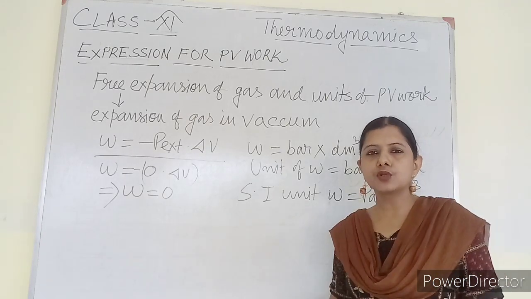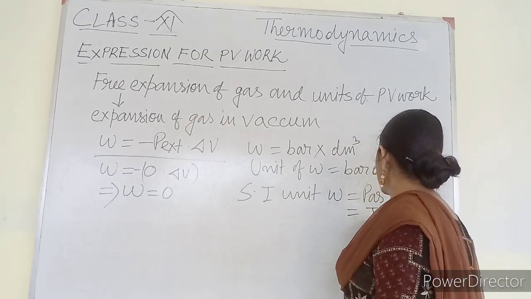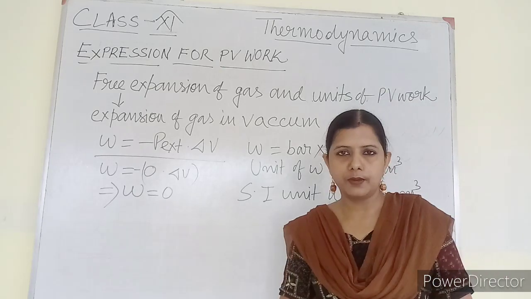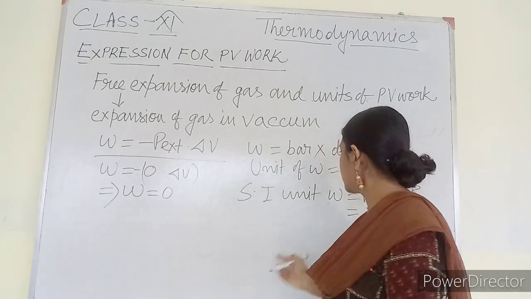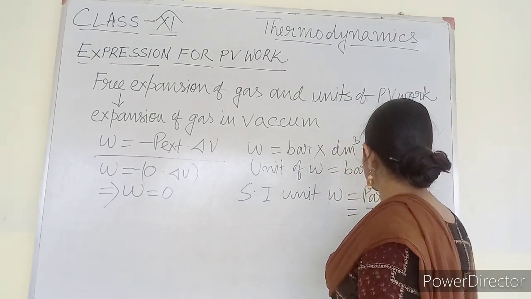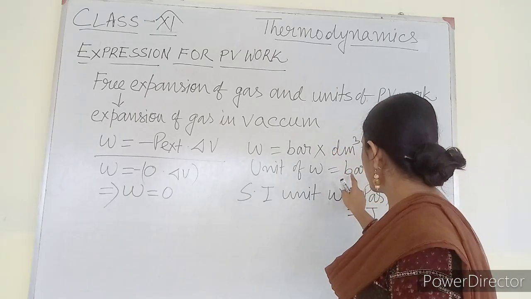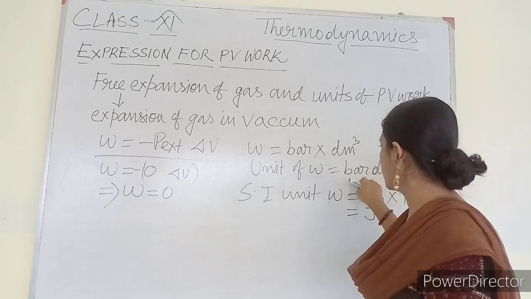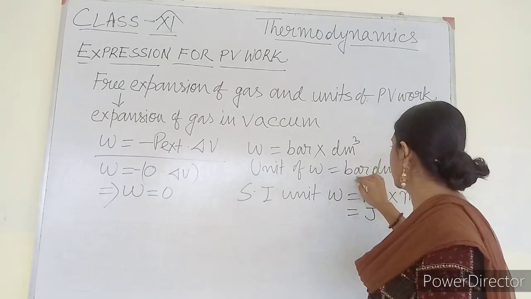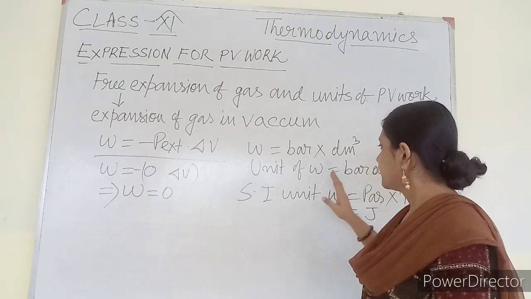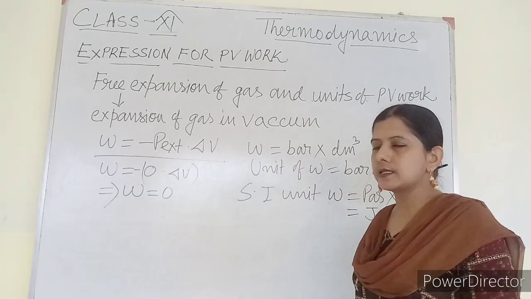So Pascal into meter cube will be Joule. The SI unit is Joule. Okay, now what is the relationship between bar decimeter cube and Joule? That also you should know. Suppose in the question pressure is given in bar and volume is given in decimeter cube.